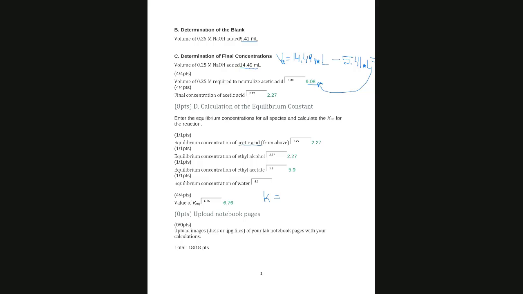Perfect. Equilibrium concentration of ethanol or ethyl alcohol is going to be the same because we add the same number of moles. What is the equilibrium concentration of the product? We saw. How do I calculate the equilibrium concentration of the products?